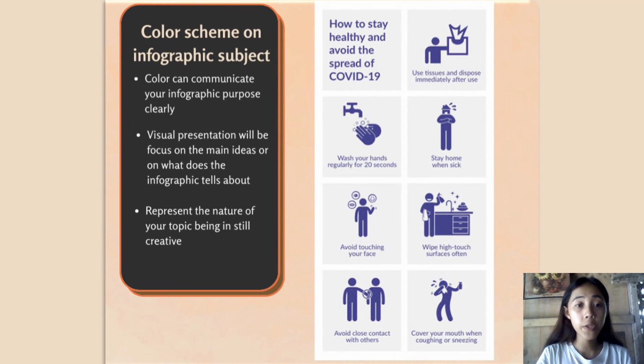Next is the color scheme on the infographic subject. The color that we use must communicate the infographic's purpose clearly, and it must visually present the focus on the main ideas, or what the infographic tells about, and it must represent the nature of the topic while still being creative.